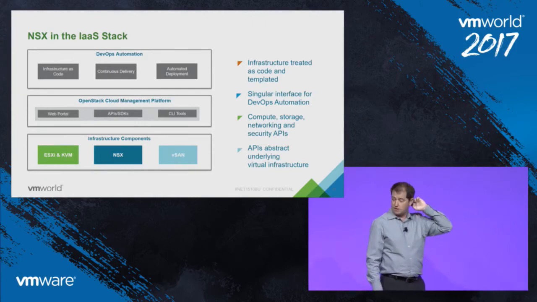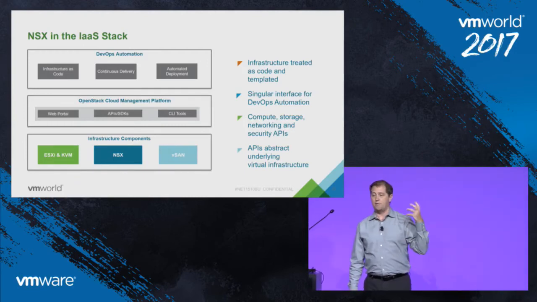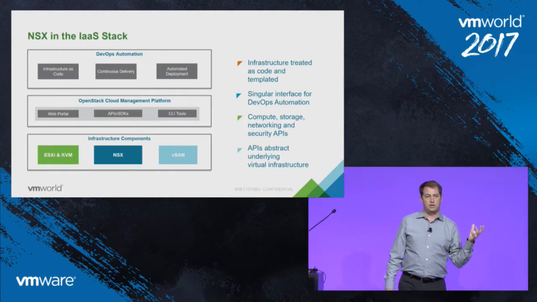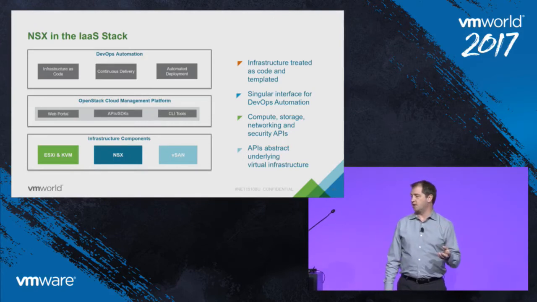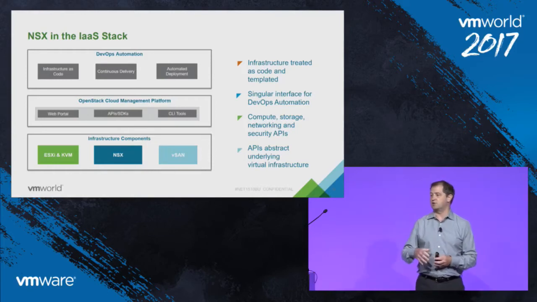On top of that sits a cloud management platform like OpenStack, which would have a web portal, its own set of industry standard APIs and CLI tools, which is what Dimitri demoed with the OpenStack integration. But again, it could be any cloud management platform. And on top of that, we layer the DevOps automation layer.